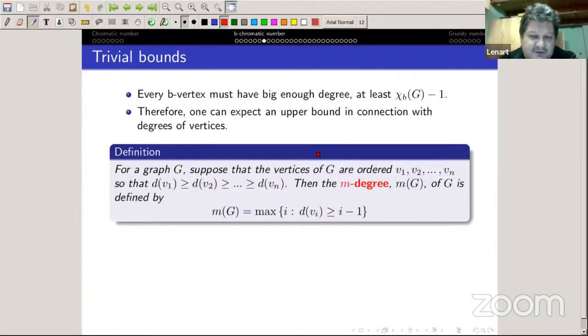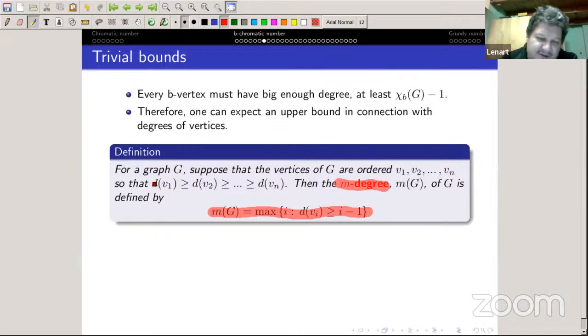So here is the definition of m-degree, and it is like that. m(G) is the biggest position, so the maximum position, where the degree of a vertex v_i is greater or equal than i minus 1.